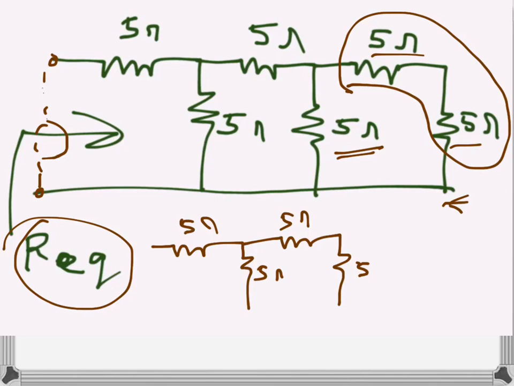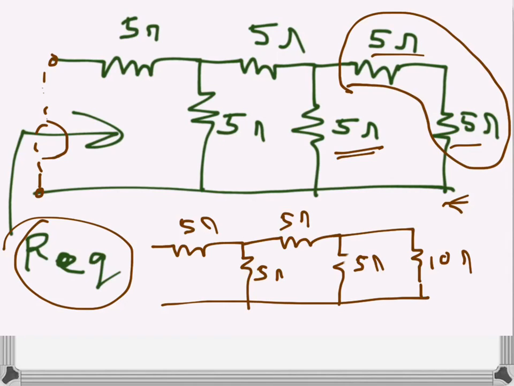And here we will have the combination, which is 10 ohms, series combination basically. So now these two resistances parallel combination value has to be calculated.